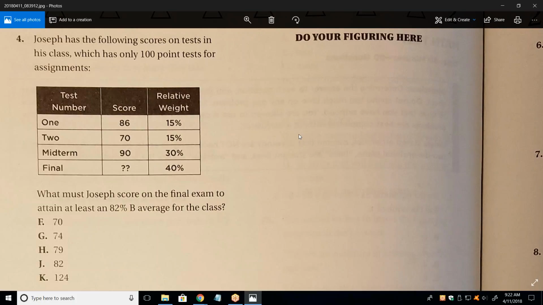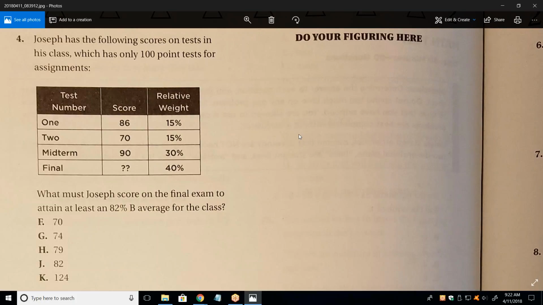Does it work just to try all of the answers and see which one gives me an average? No, it isn't, because their relative weighting is different. In other words, if you had equally weighted scores, then that would be fine. But as a student knows, your tests are not all equally weighted. Your final is always heavier weighted.